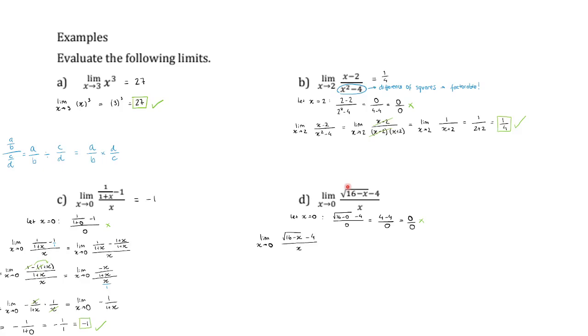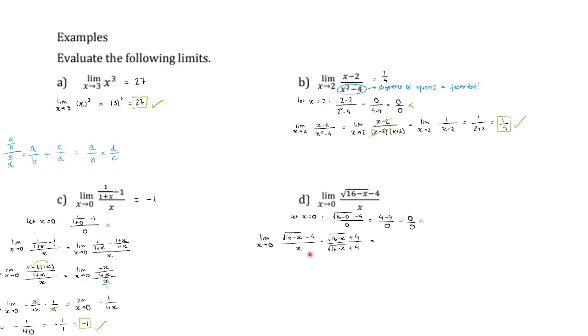The conjugate of the numerator is the square root of 16 minus x plus 4. We're going to both multiply and divide by this amount, because this is the same as multiplying by 1. I am not altering the initial expression in any way, shape, or form.